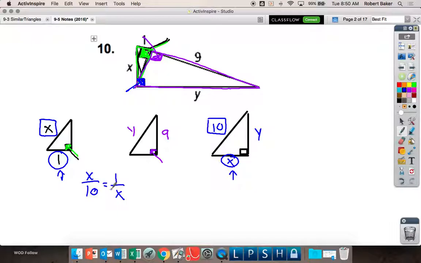That's the proportion, and your x's are diagonal from each other, which gives you a hint that you're right. I think you guys can cross multiply and solve that. Setting it up is more difficult than solving it.